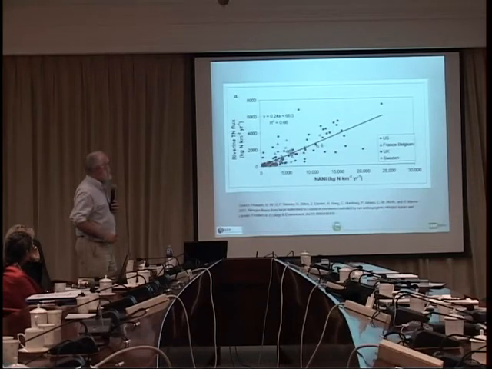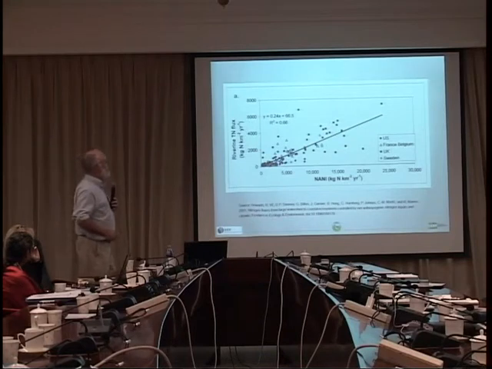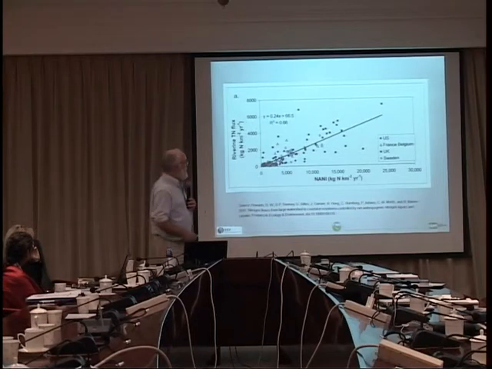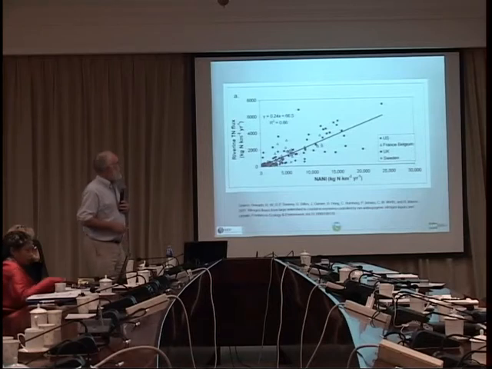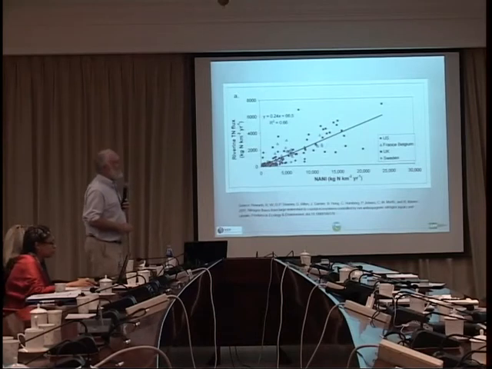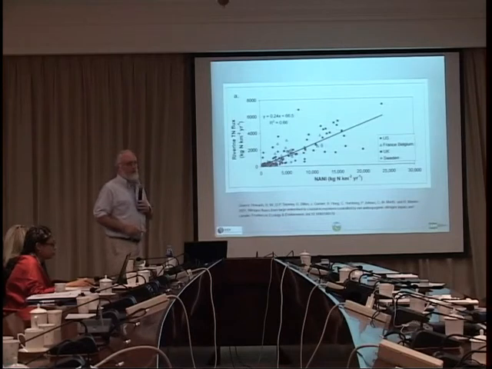Here there's a fair amount of scatter, but the salient feature is the slope of this line, which is about 0.24. Depending upon the analysis, I've seen 0.2, 0.15 to 0.3. What that means is for every unit of nitrogen coming into the watershed, about a quarter of it, 20%, 30%, is leaving in the river.